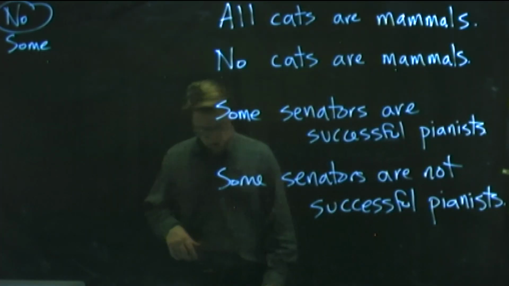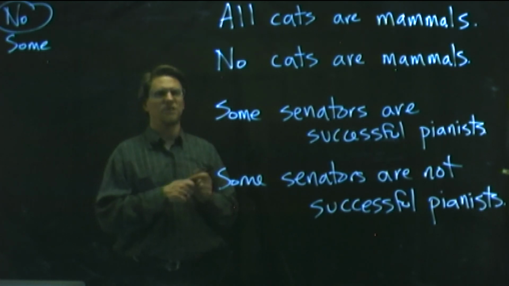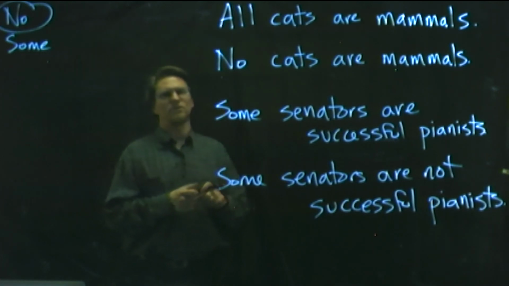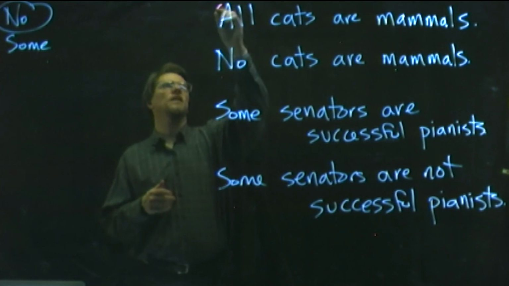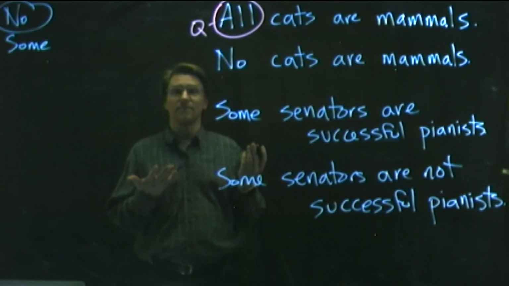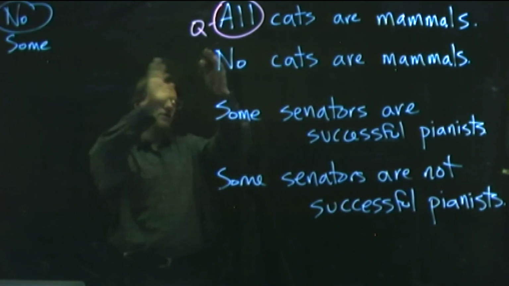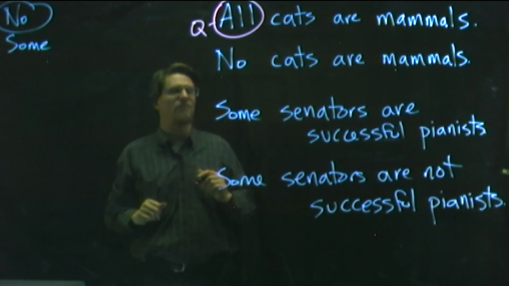Right. And we can go back to our examples here, at least the first one. We don't need to do this in every case. But we have all cats are mammals, right? And so we would say then that this is the quantifier, right? You could even, on the exam, when I give you a standard form categorical proposition and ask you to identify these components, something like that would be fine.